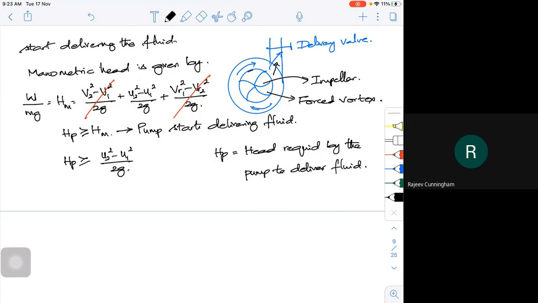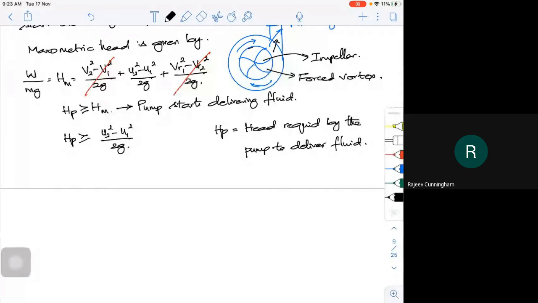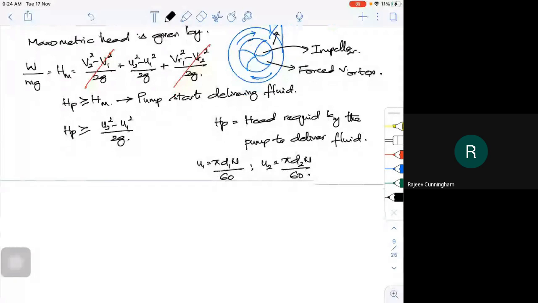Okay. So I can write U1 is equal to pi d1 n by 60 and U2 is equal to pi d2 n by 60. So let me substitute for this in the equation.